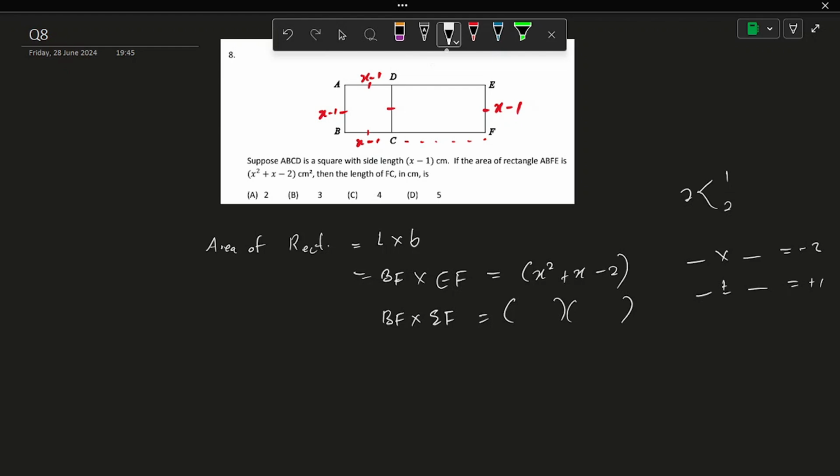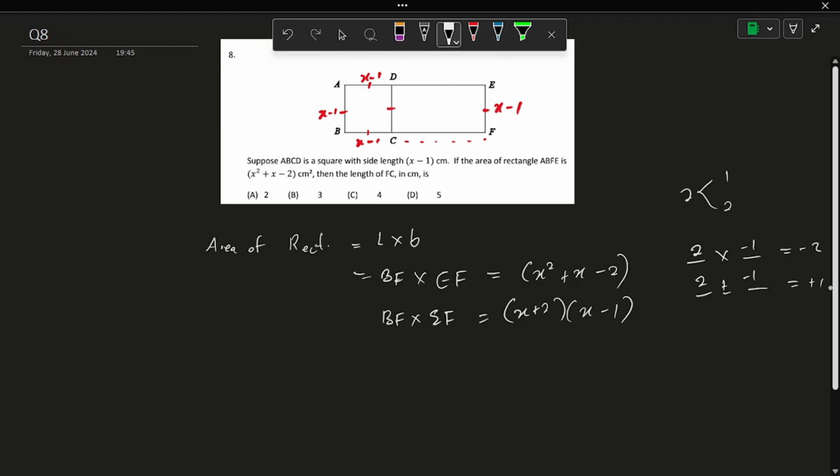So in this case, we can try 2 and -1, because 2 multiplied by -1 gives us -2, and 2 plus minus 1 gives us +1. So in other words, we can have x plus 2, x minus 1 in this case.